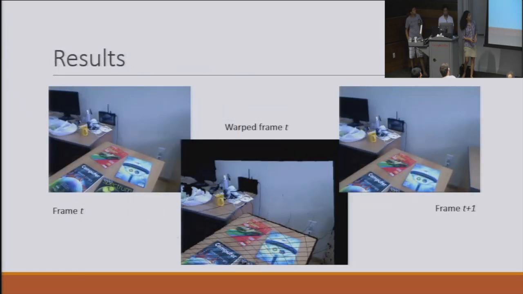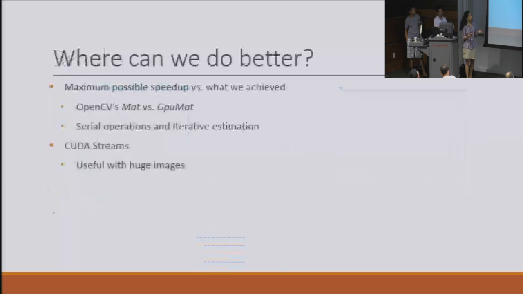Where can we do better? We could have used unified memory that's there on the Tegra, but OpenCV's data structures used Mat, which we could not have used for kernel launching. So we had to do a CUDA memcopy to get the correct format, which was GpuMat. And since there were a lot of serial operations and it was an iterative estimation, I don't think we could have done better there.